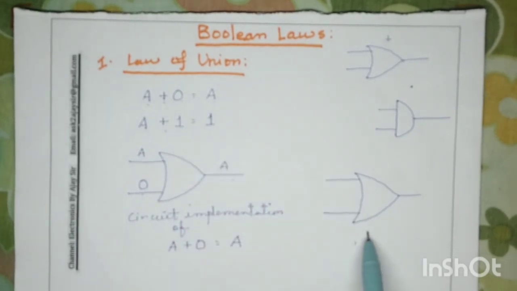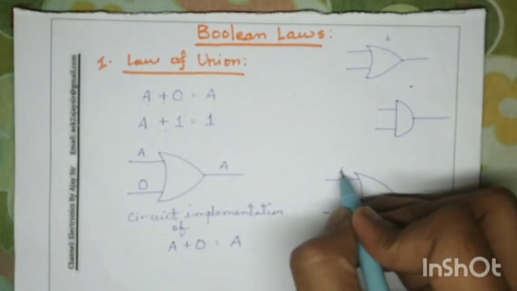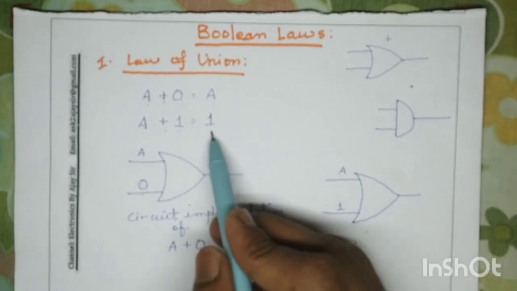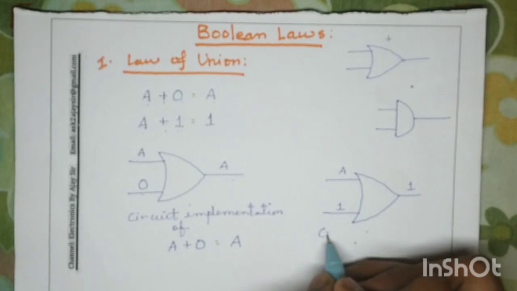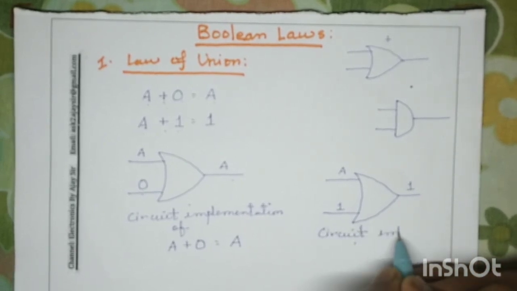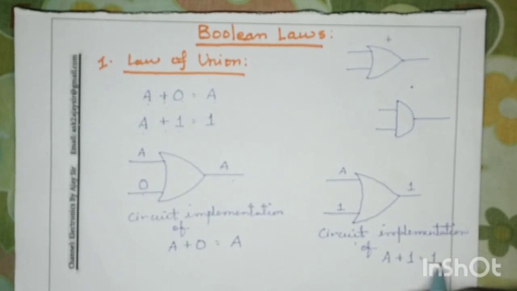For this gate, the two inputs are a and 1 and the output is 1. So this is the circuit level implementation of this equation, that is a plus 1 is equal to 1.